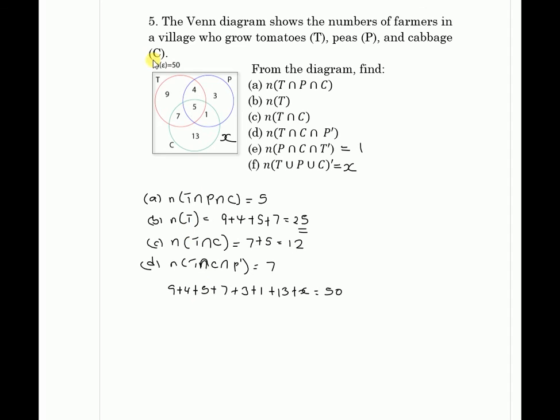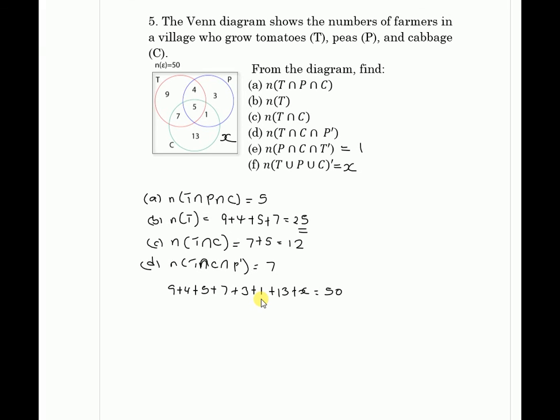We are adding everything inside this quadrilateral and equating it to 50. This x is part of the quadrilateral, so we are also adding it here. So around here, we have 25, 28, 29.